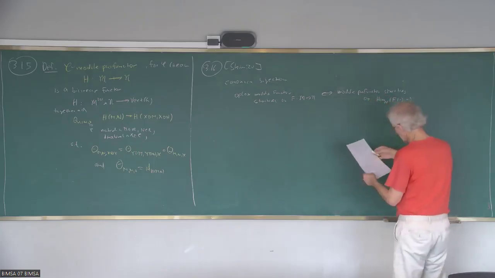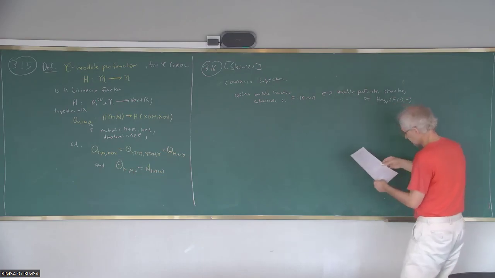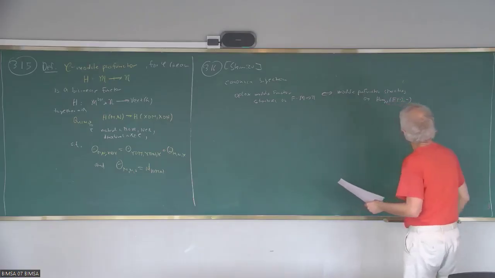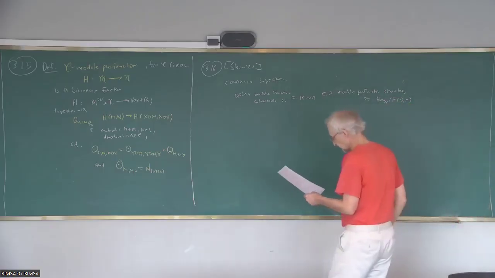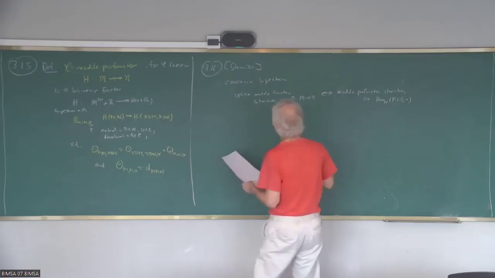So this has a natural structure of a profunctor from N to N.